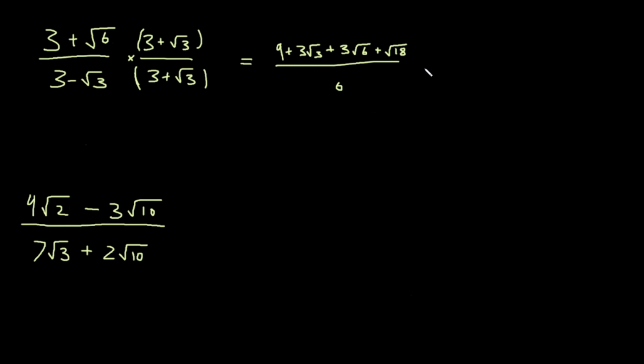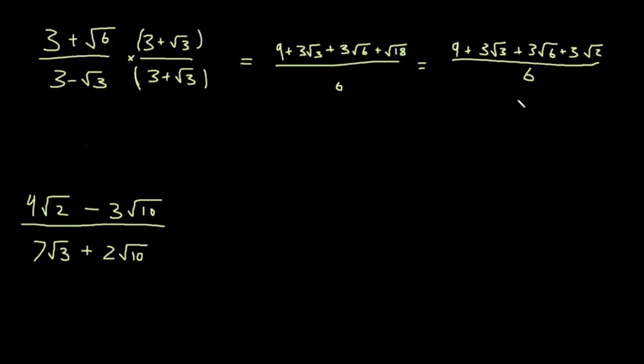Now, we can simplify some of this. So we have 9 plus 3 root 3 plus 3 root 6. And we can simplify this to 3 root 2, since 18 has factors of 9 and 2, and the 9 can be taken out. So we have 3 root 2 over 6.